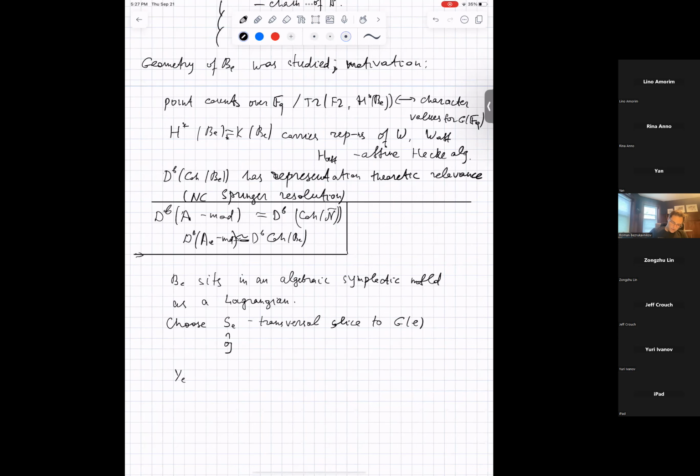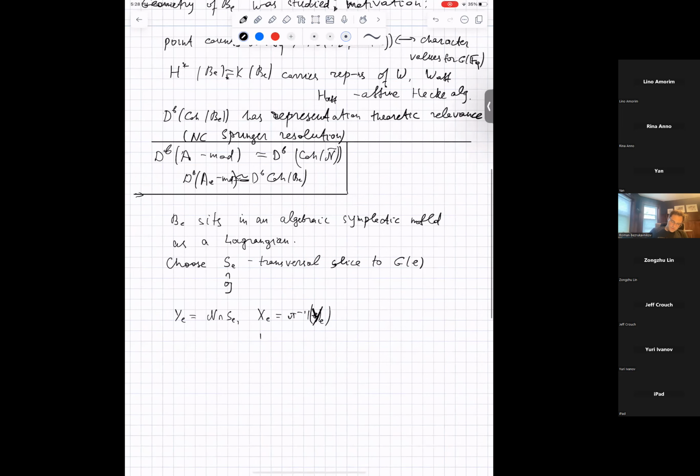And then maybe Y_e is going to be N intersected with S_e, and X_e will be N tilde, just pi inverse of Y. And so X_e to Y_e is what's known as a symplectic resolution of singularities, where now e is a central fiber.